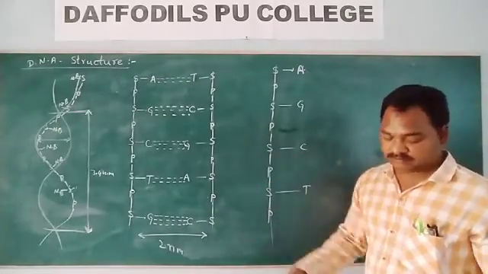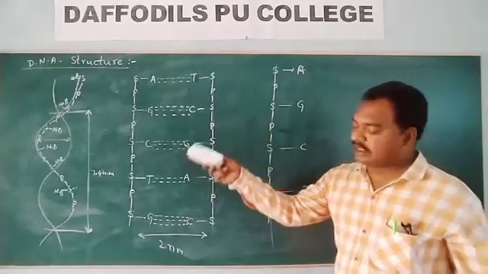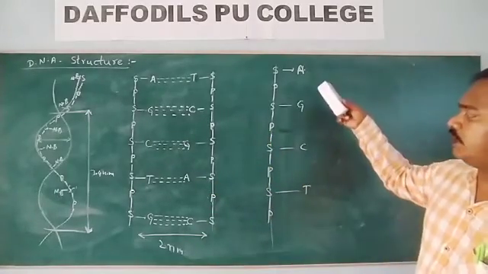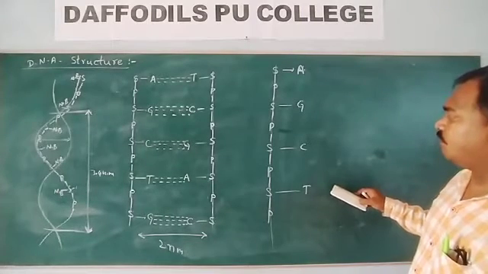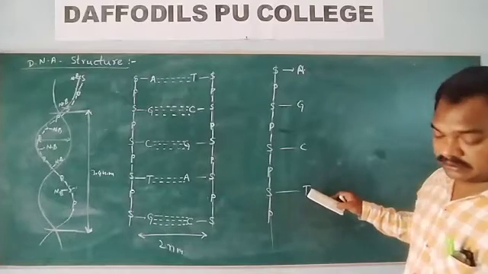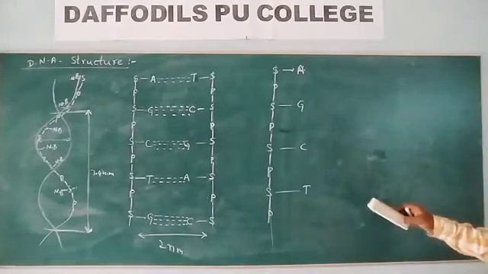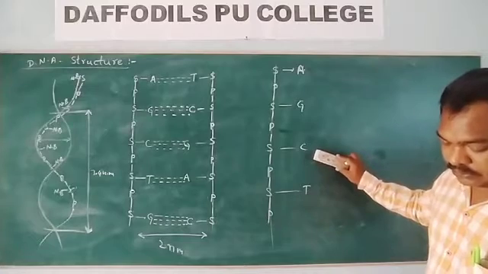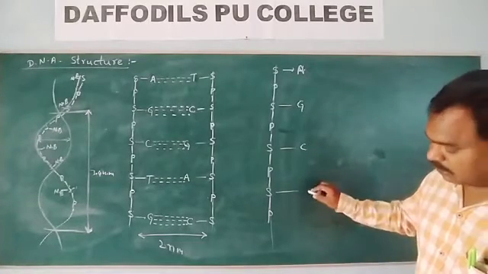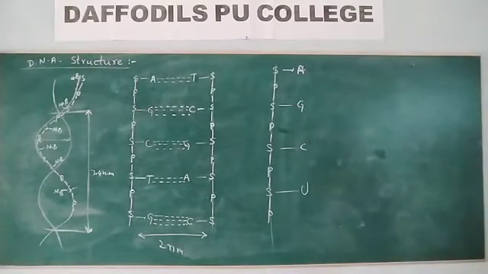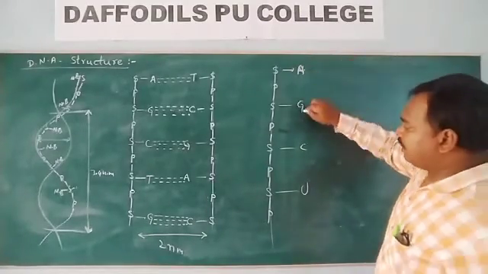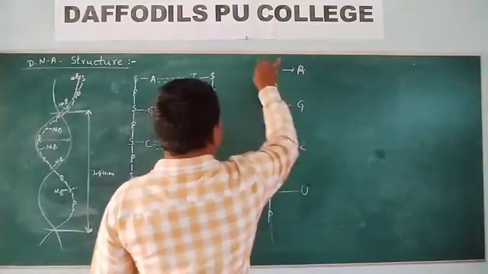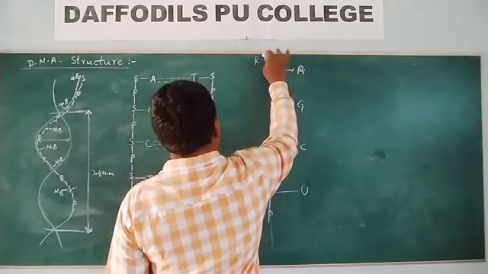Like in DNA, RNA also contains nitrogen bases, but instead of thymine, RNA contains the uracil nitrogen base. So what are the nitrogen bases present in RNA? Adenine, guanine, cytosine, and uracil. This is the RNA.